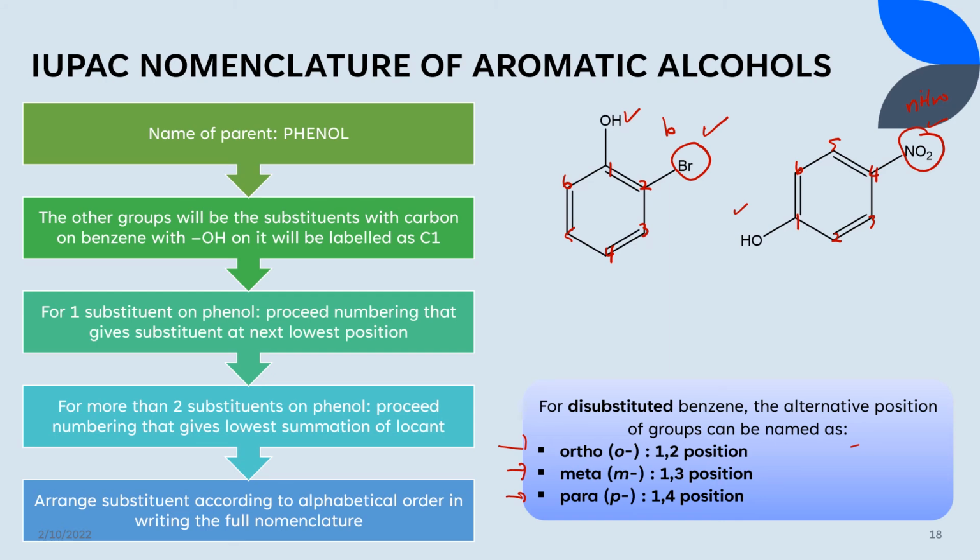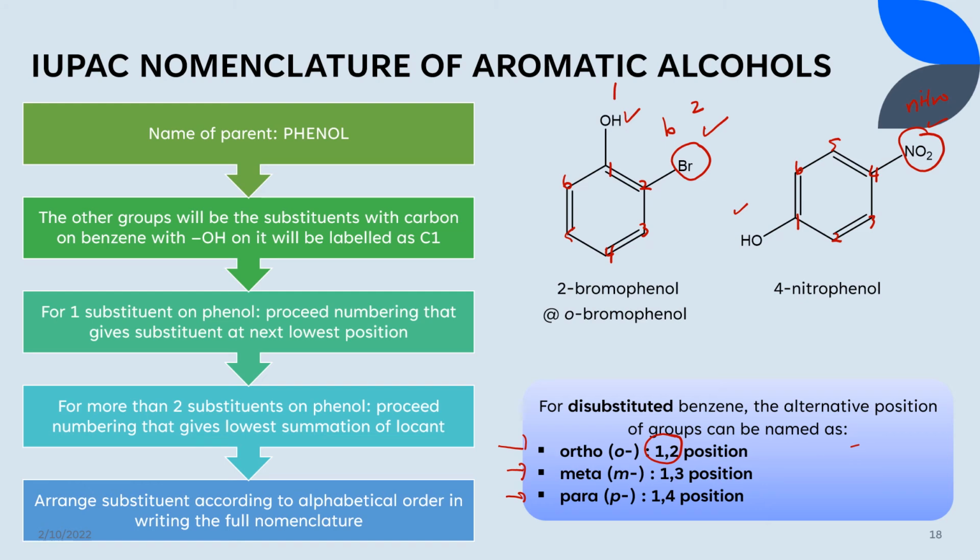Okay, so to give name for the first compound, this is 2-bromophenol and seems kedudukan antara dua ini adalah pada kedudukan 1 and 2. Okay, so alternative naming adalah O-bromophenol. O menunjukkan 1, 2 position, ortho. And in the next structure, kita ada nitro on 4th position.